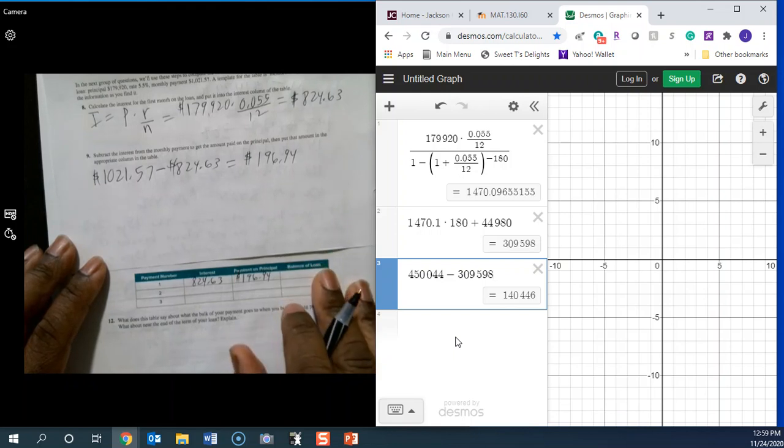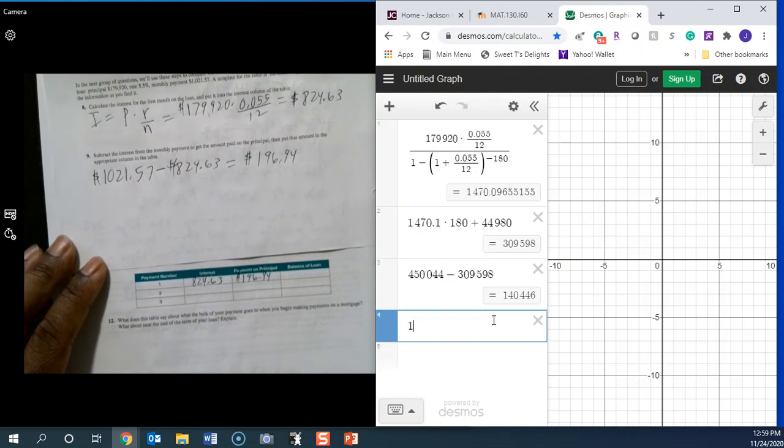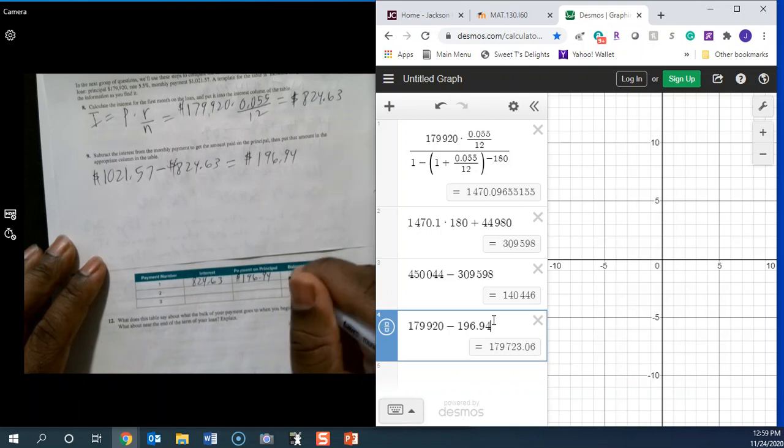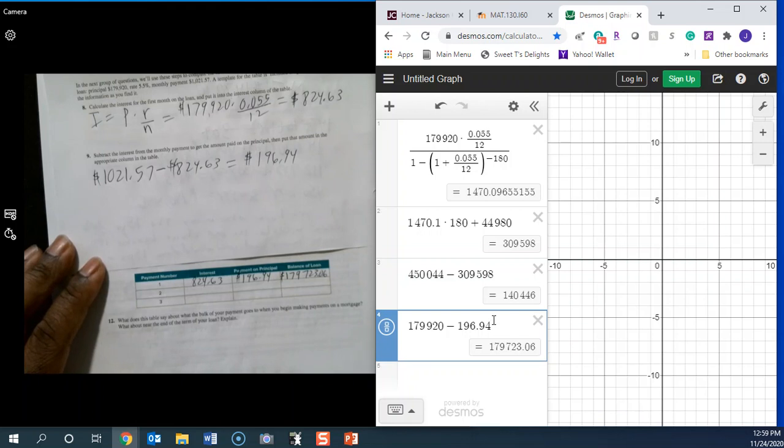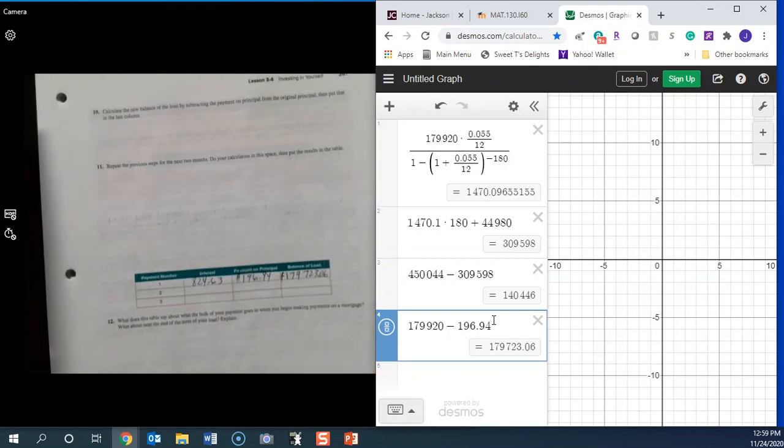And then the balance of the loan, we will need to subtract that off. So it's $179,920 minus the $196.94. So the balance of the loan would be $179,723.06. Okay, so we don't need that anymore.